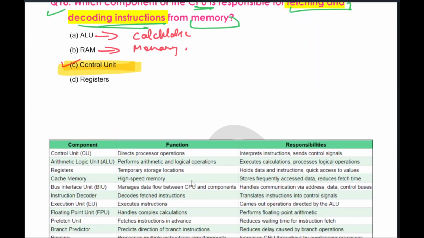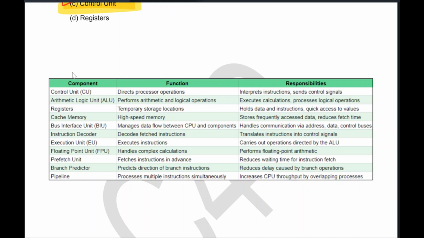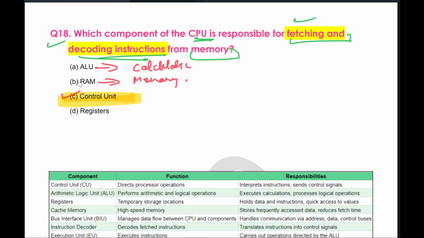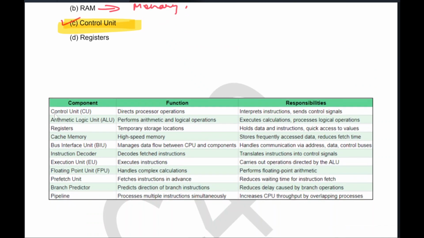So you can see the CPU components. What are they? Control unit and arithmetic logical unit. The ALU performs arithmetic and logical operations for calculation. What do registers do? They are temporary storage locations that hold data and instructions for quick access to values.